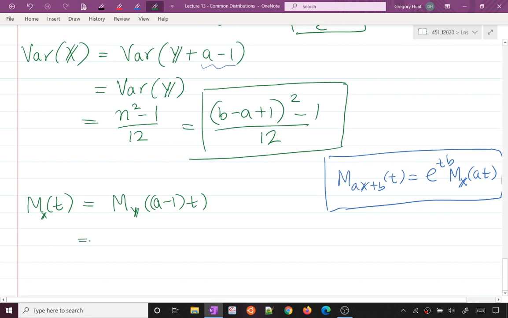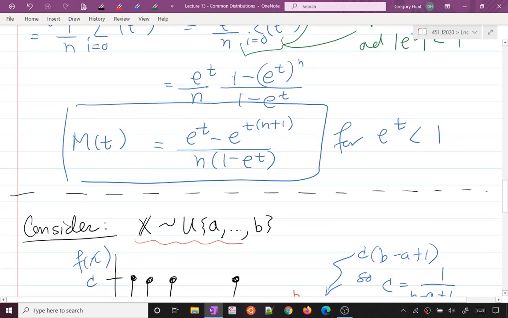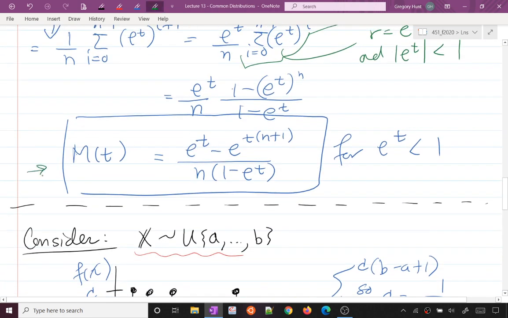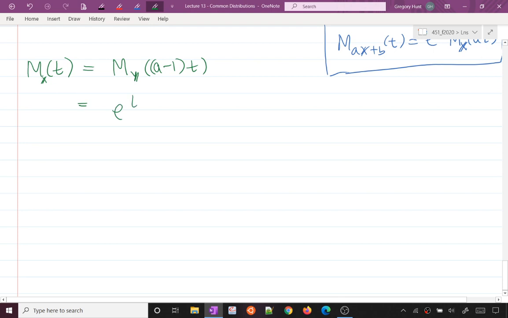So what form did the MGF of y have? This was our MGF of what we're calling y, which is discrete uniform over 1 to n: e to the t minus e to the t times n plus 1, over that whole thing. So e to the t, except now we're evaluating at a minus 1 times t.